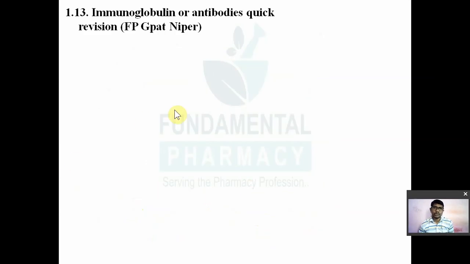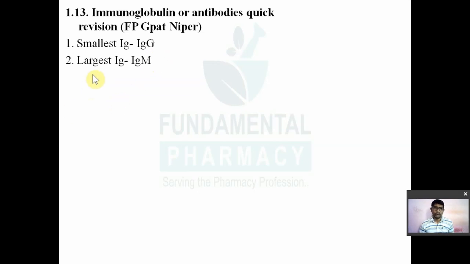Immunoglobulins or antibodies, quick revision or knowledge booster dose. First, the smallest immunoglobulin, meaning the immunoglobulin having the smallest molecular weight. Which one has the lowest molecular weight? Immunoglobulin G has the smallest molecular weight.